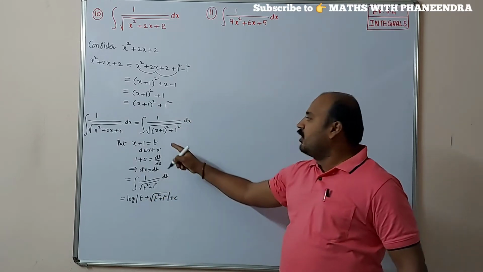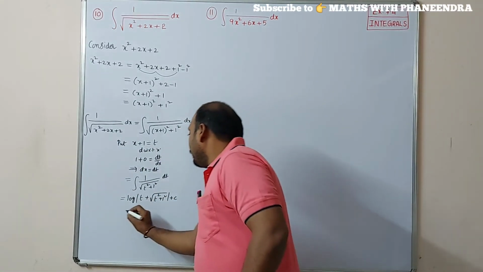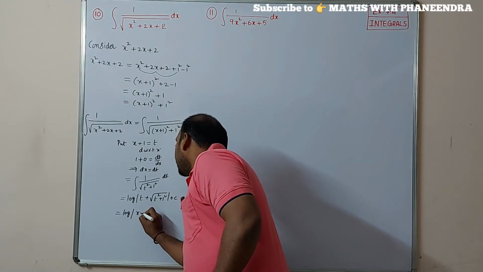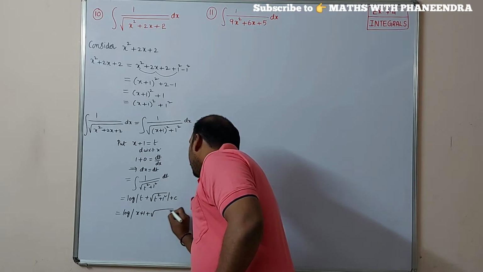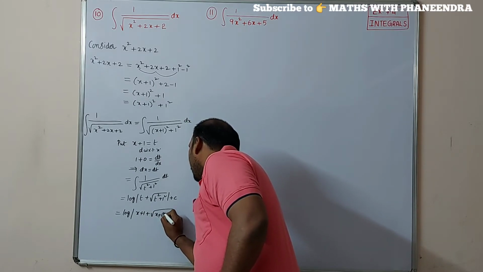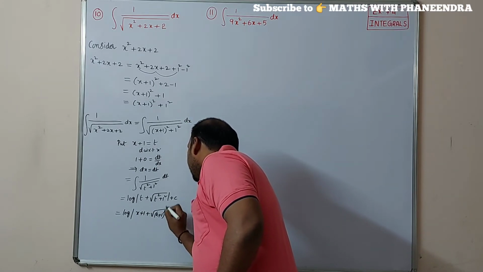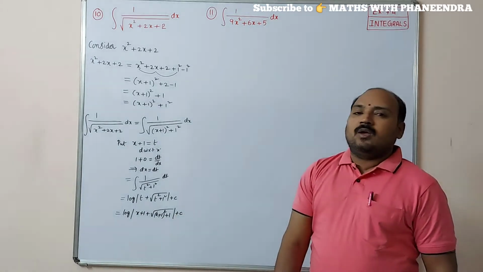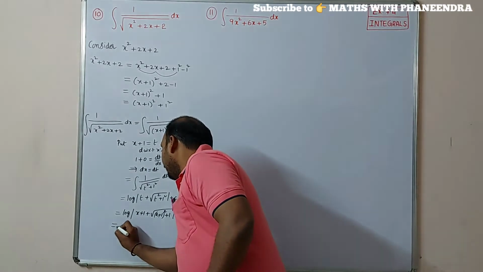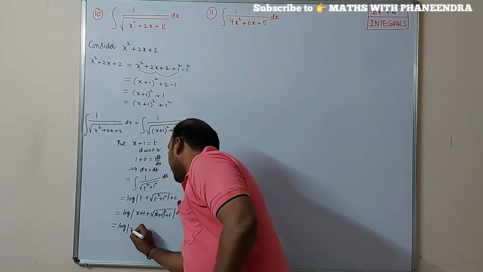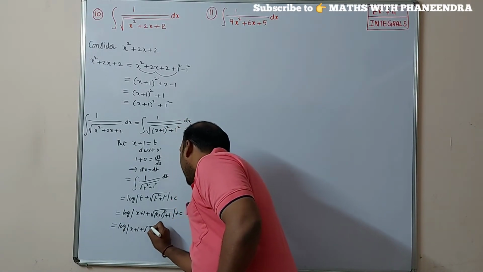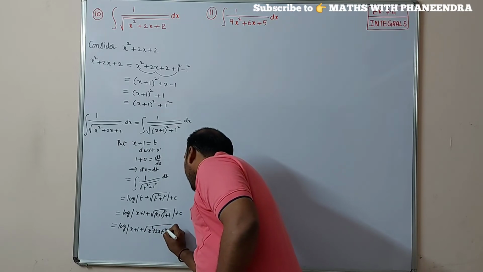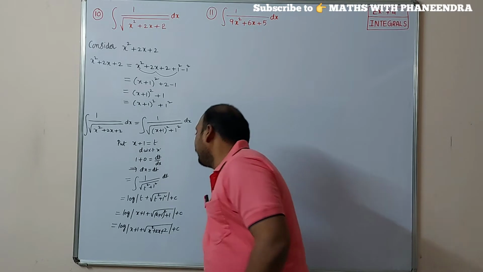In place of t, what do we have to replace? x plus 1, which is equal to log of x plus 1 plus square root of x plus 1 whole square plus 1 plus c. We can write it as log of x plus 1 plus square root of x square plus 2x plus 1 plus 1 plus c.